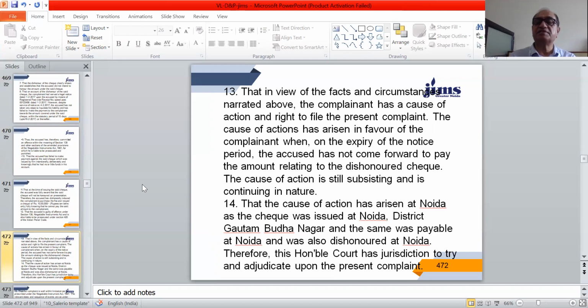The cause of action is still subsisting and is continuing in nature. Para 14, that the cause of action has arisen at Noida as the check was issued at Noida, District Gautam Buddha Nagar, and the same was payable at Noida and was also dishonored at Noida. Therefore, this Honorable Court has jurisdiction to try and adjudicate upon the present complaint.